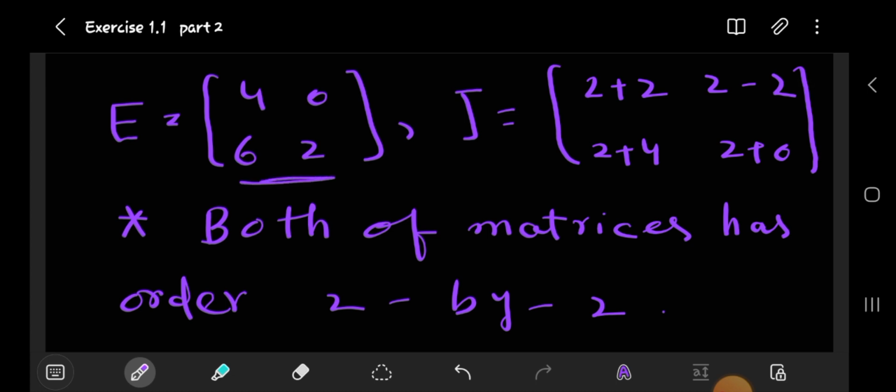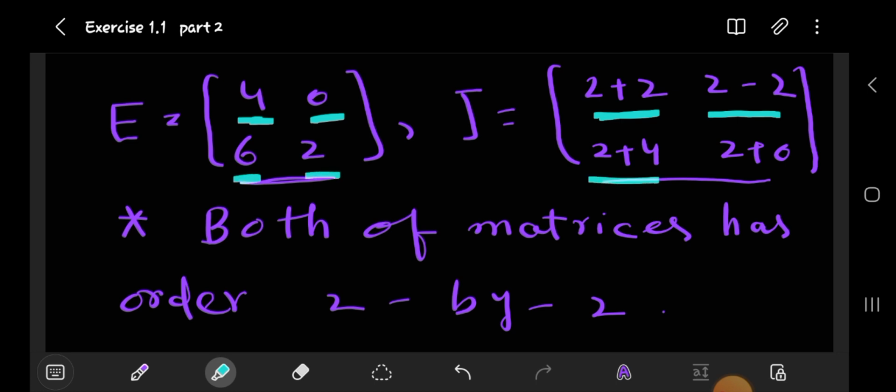We have their identical elements. Here is a 4, that corresponds to 4, since 2 plus 2 is equal to 4. Here is a 0, that corresponds to 2 minus 2, which is 0. Here is 6, and 2 plus 4 is equal to 6. 2 plus 0 is equal to 2.